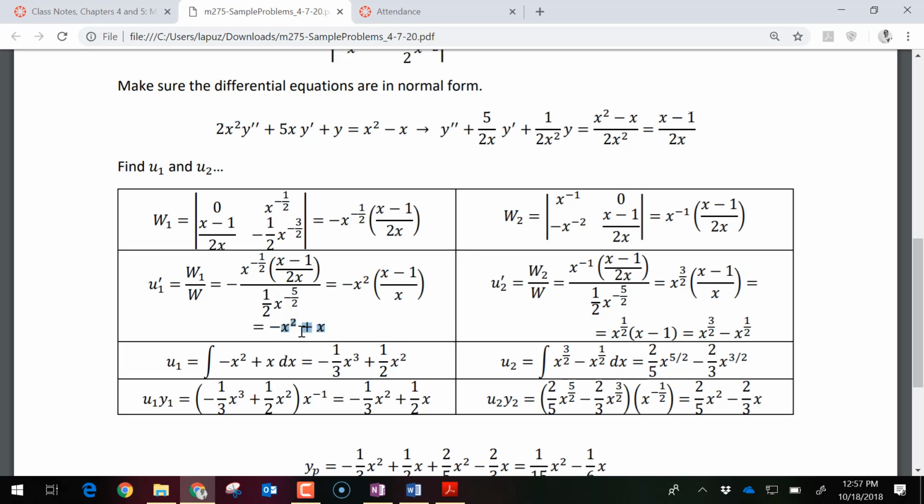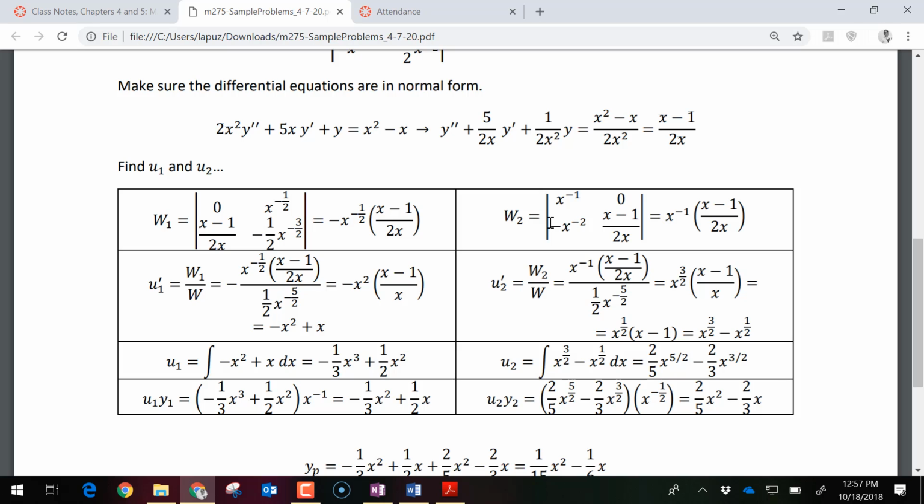So we have the polynomial, that's U1 prime, and it's an easy step to take the integral of that to get U1. And so we got U1, and we multiply that by Y1, and then we got one part of our Y particular, Y sub P. I think that this is as far as we got in our notes from last time.